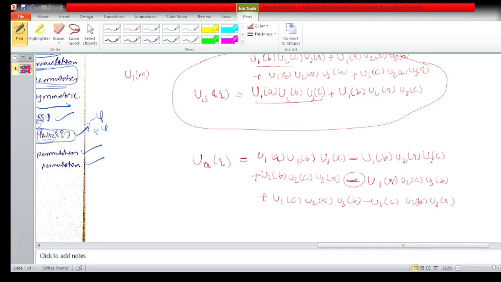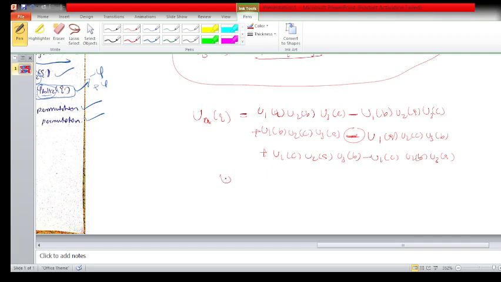So for this case, the antisymmetric wave function phi antisymmetric of q: if one interchanges any two arguments in the antisymmetric wave function, we will get minus phi antisymmetric of q.